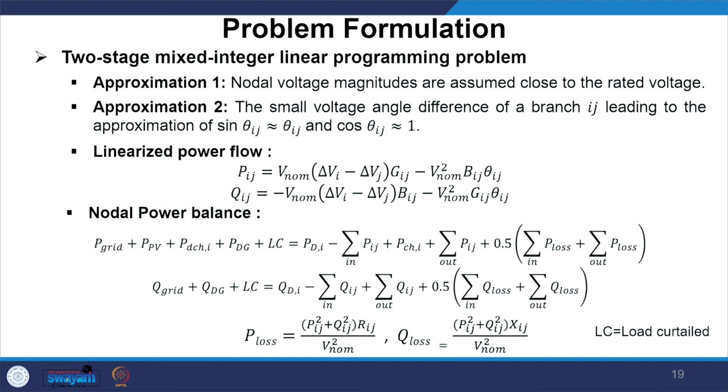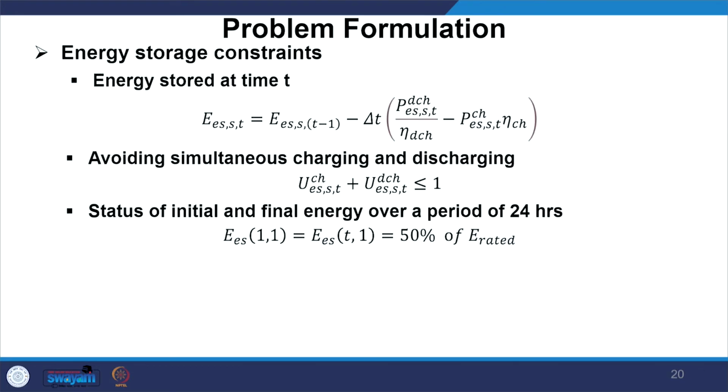So cos 0 is 1, and when theta is very small, sin theta is equal to theta. These are the two important linearized power flow equations, and then you can create the nodal power balance equation considering the batteries. Then you can also have certain constraints.